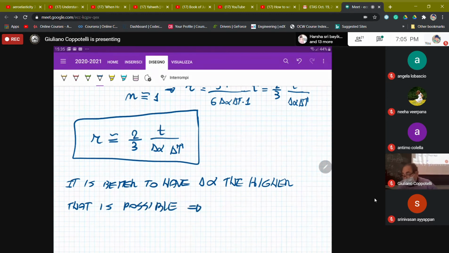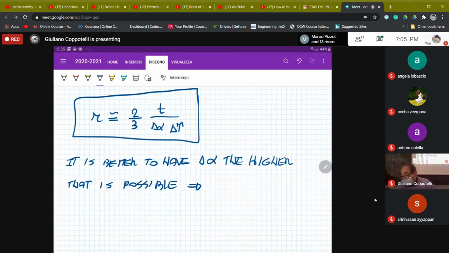That means that one material should be characterized by a very small value of the linear thermal expansion coefficient, and the other one the highest possible, so that the difference delta alpha between these two is the maximum.